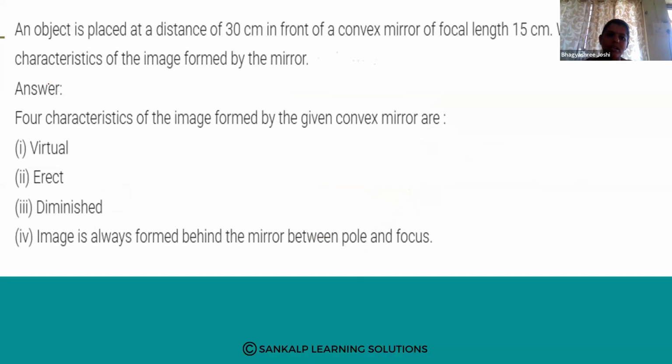An object is placed at a distance of 30 centimeter in front of a convex mirror of focal length 15 centimeter. Write 4 characteristics of the image formed by the mirror. So it is a convex mirror.